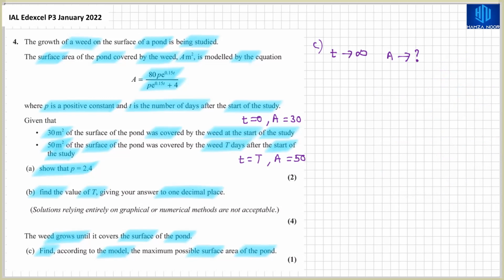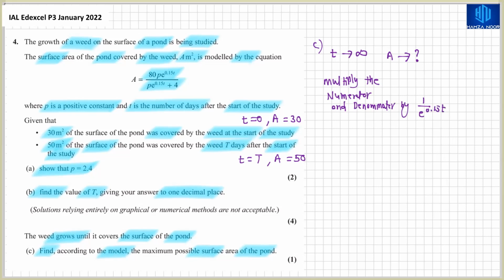So I'm going to simplify this original equation in such a way that I am left with e raised to the power minus 0.15t. For that purpose, the step I'm going to perform is to multiply the numerator and the denominator of the fraction by 1 over e raised to the power 0.15t.